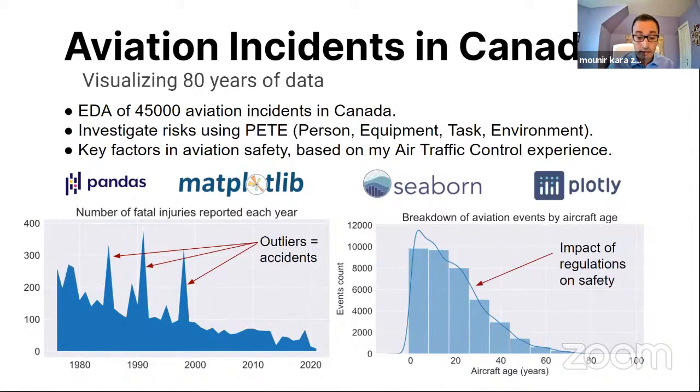The data actually included about 45,000 records of incidents and events from the last 80 years. My analysis was focused on risk factors and safety improvement recommendations. Using Pandas, I was also able to investigate the outliers in the data set and associate them with events. I also studied the impact of regulations on safety.